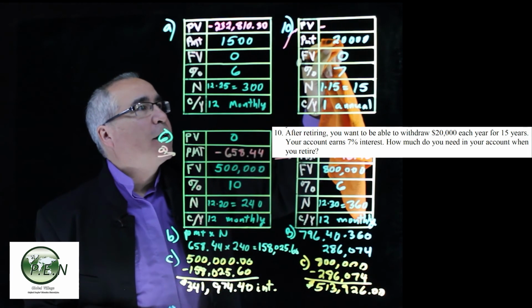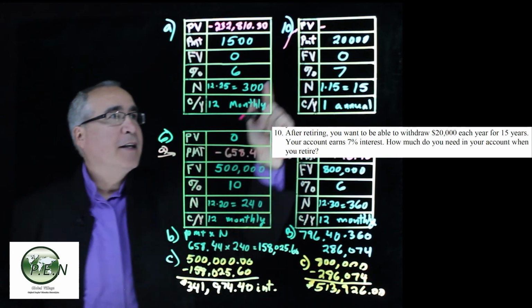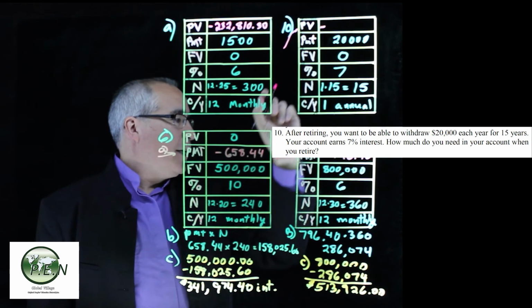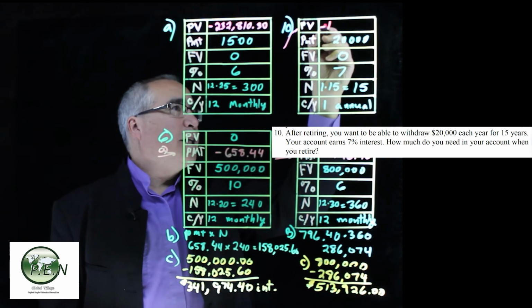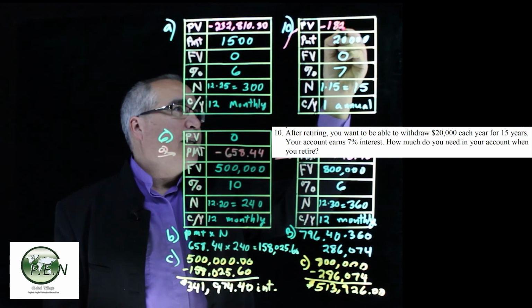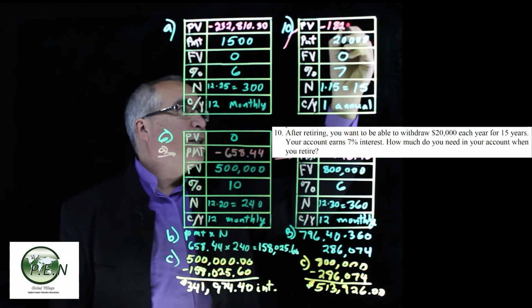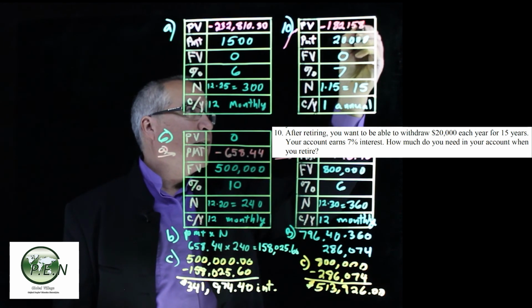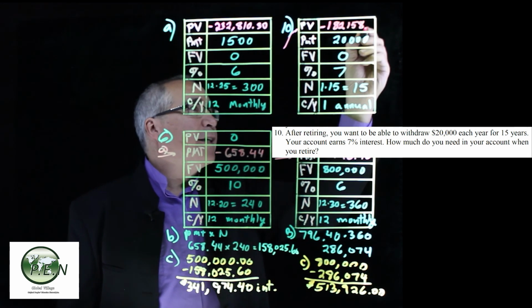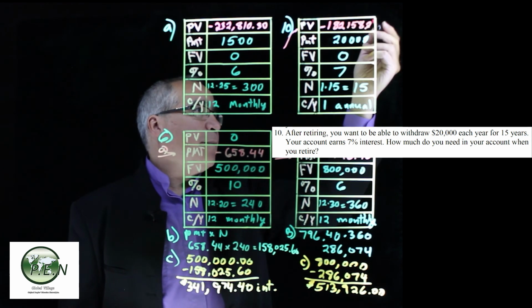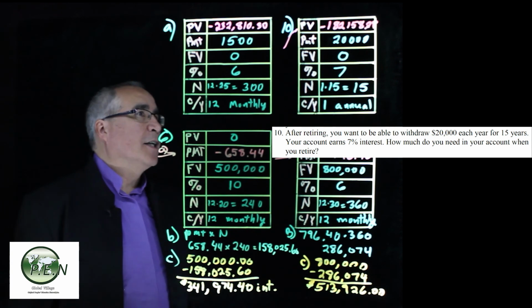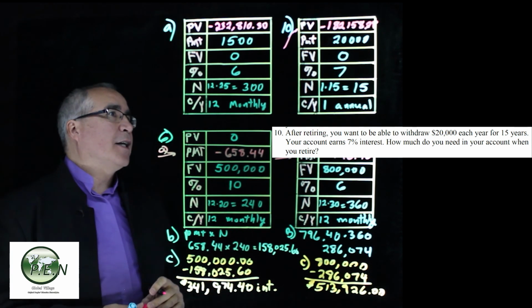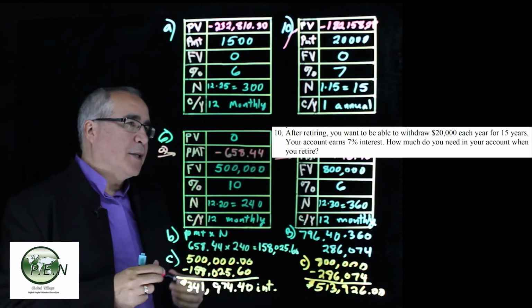Because these payments are coming to us. That's why we have a negative in the present value, because that's what we have to give to somebody else. We have to invest it, let somebody else use it, let them pay us some interest, and we just take our money back a little bit at a time. At the end of each year, $20,000. Okay, so we need $182,158.28.